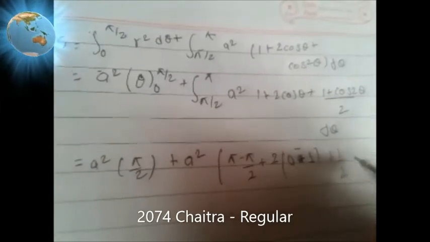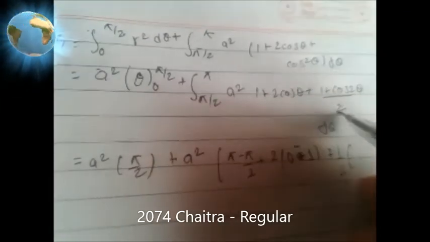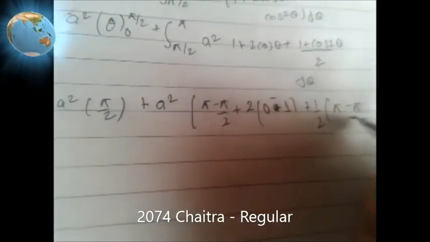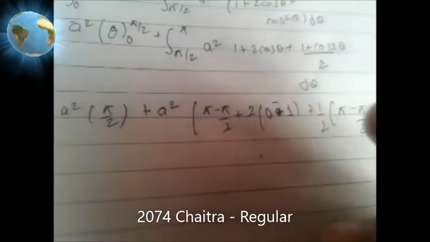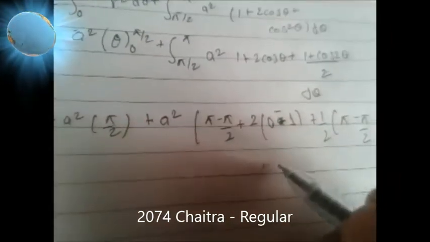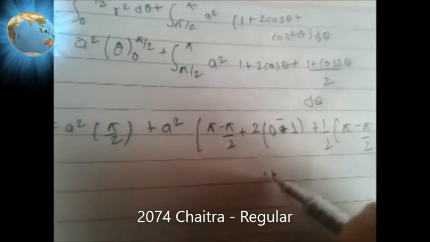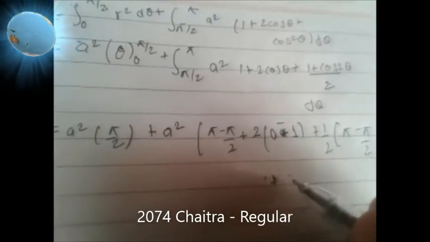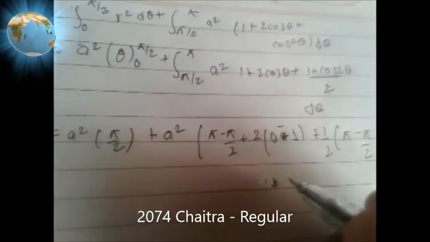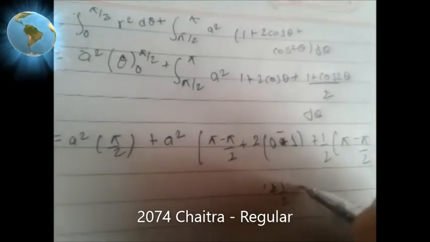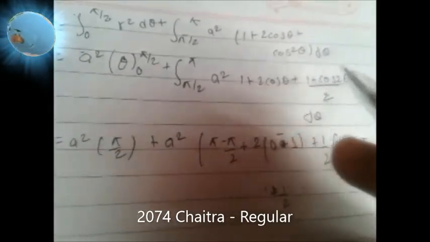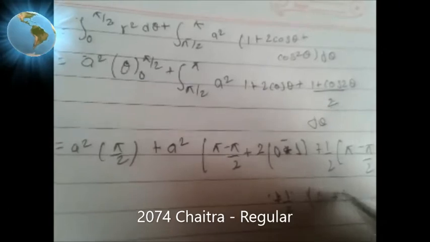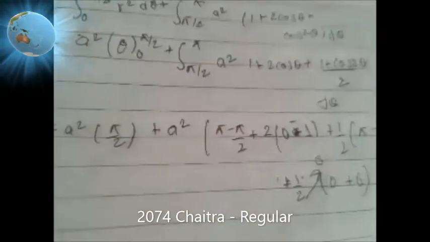Plus 1 by 2 times the integration of 1, which is pi minus pi by 2. Now for cos 2 theta, the integral is 1 upon 2 sin 2 theta, and sin 2 pi is 0 and sin 2 pi by 2, that is sin pi, is also 0, so this whole term leads to 0.